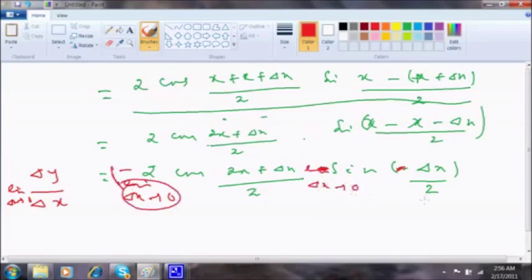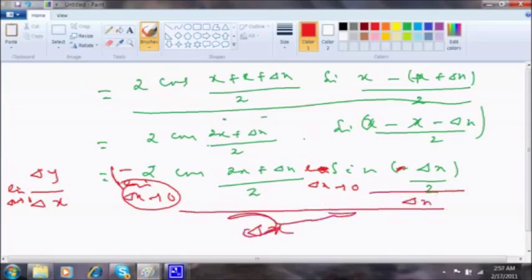So as discussed, in fact the whole division by delta x is still there, so I will write by delta x. Now as discussed in the previous videos, there is division by 2, so I will multiply by a 2 here. This quantity goes off as 1.